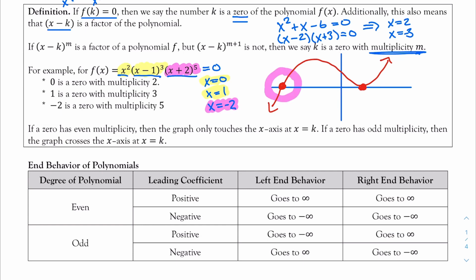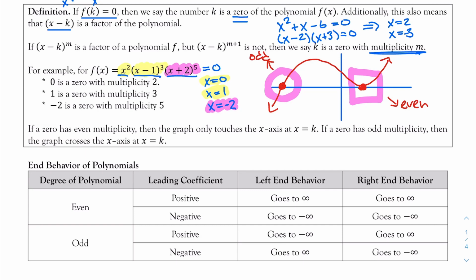What I've circled with this pink highlighter, this means that my zero has odd multiplicity. Whereas if I square this other one, put it in a square, not actually squaring it, this zero only touches my x-axis, so that tells me that here I have an even multiplicity. So the first one was an odd multiplicity, the second one was an even multiplicity. So this is our idea of zeros and multiplicity.